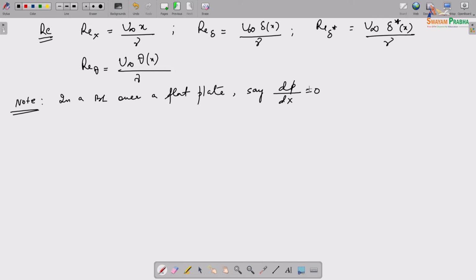So, I am just talking pretty much just about the viscosity, right. So, dP/dx is 0, it is not accelerating or anything, it is just uniform. That is important. The external flow is not accelerating or anything.